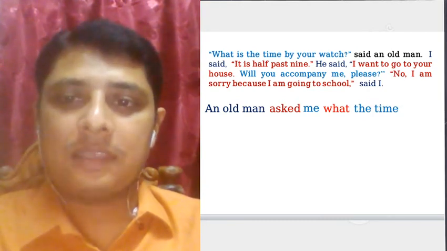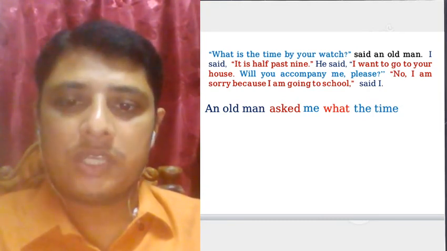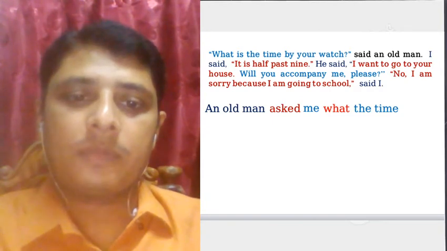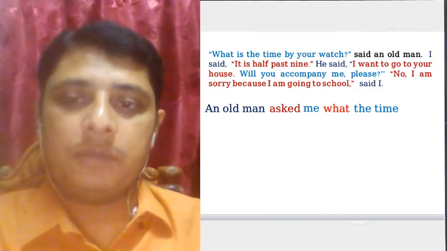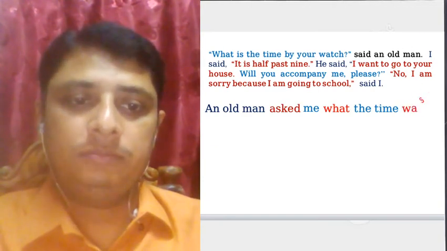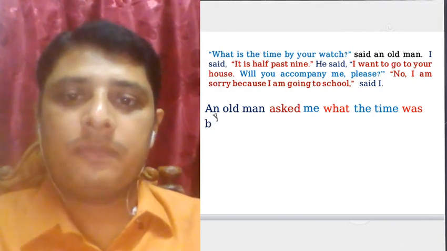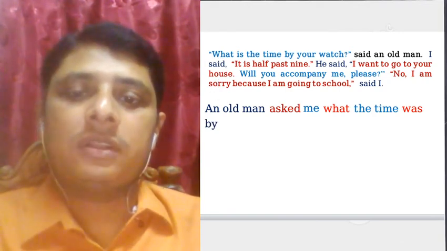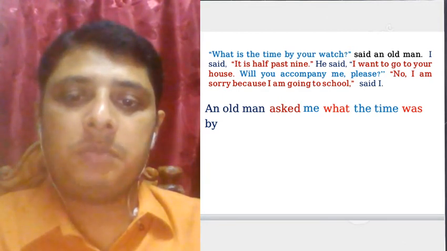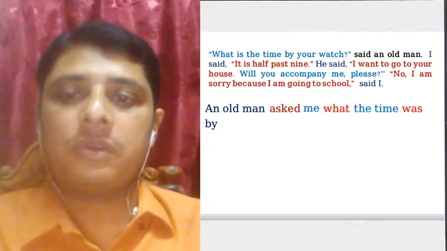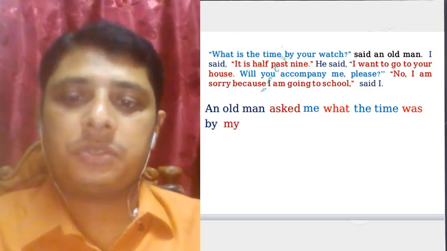Then the tense: said to, the time, and the tense would be was. Then by, and here your, that is second person, depends on the object, that is me, so you should write my, and watch.